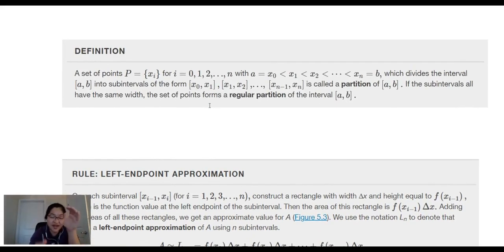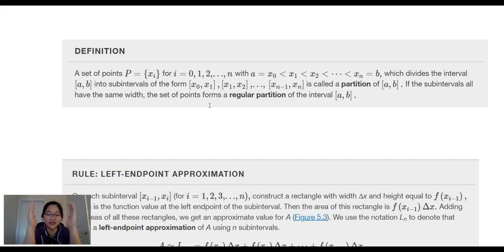If we're going to have a set of points determined by x values, those points are going to make something called a partition. The set of points becomes a partition if we're looking at an ordered set going from our endpoint a to our other endpoint b, and we form subintervals.